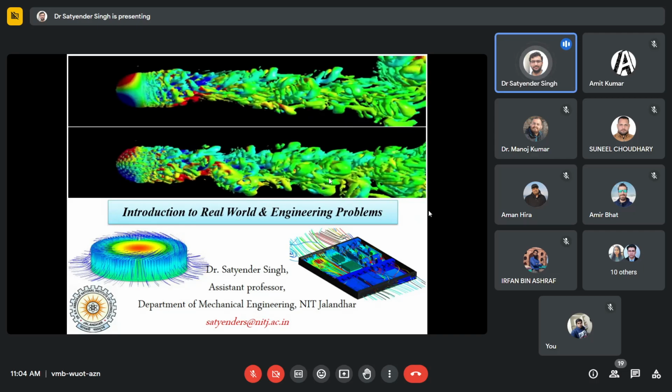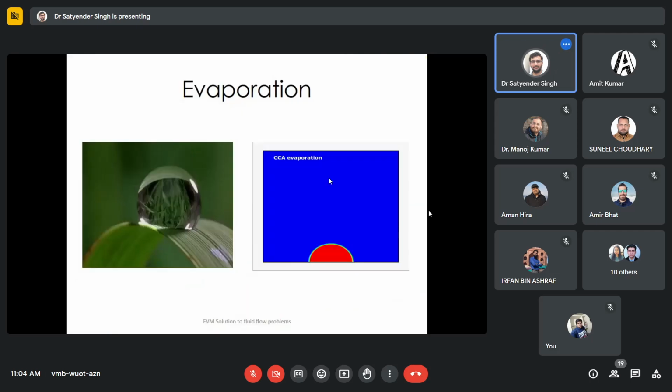I just want to show you the capability of the presently developed mathematical solutions, numerical approaches, and their discretization, and how closely we can present a real world and engineering problem using CFD. And a CFD solution not only mimics a real world situation, but also reveals the physics which is associated with the problem.